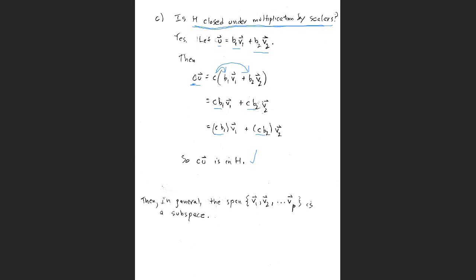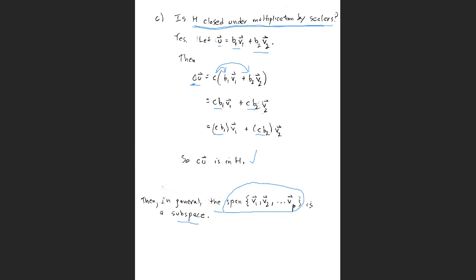Okay, and in general, the span of any number of vectors is going to be a subspace. So we proved it for the span of two vectors.